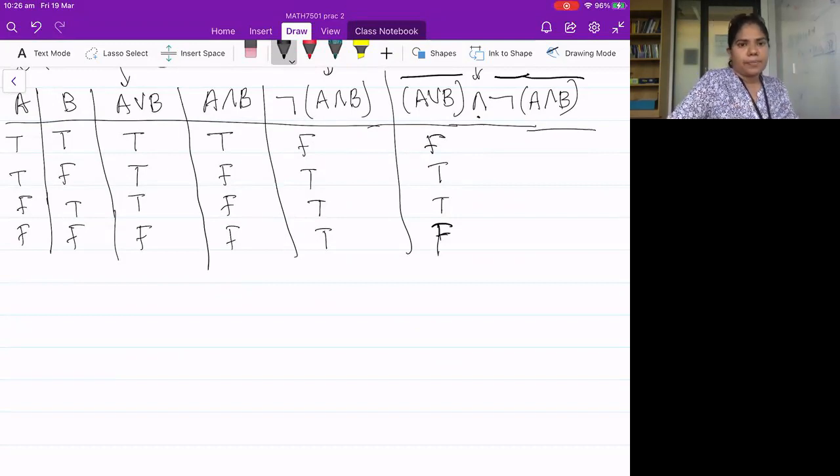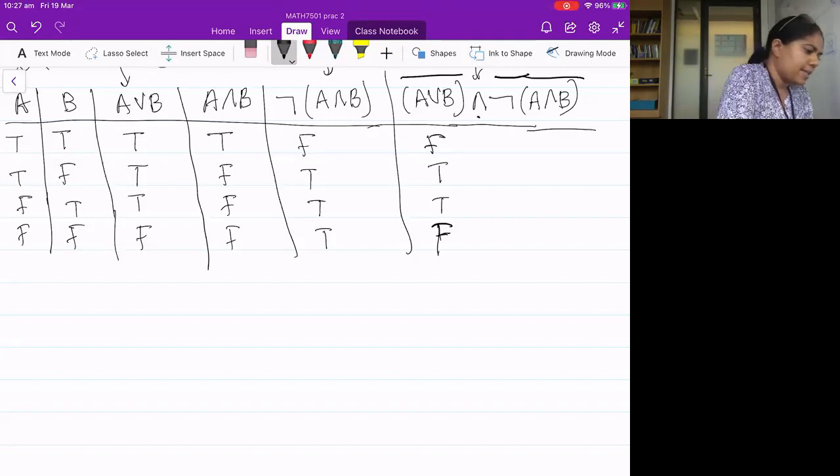All right. Part B is write an expression using only and, or, not that is logically equivalent to the above expression. There are so many possible choices. This is like the XOR operation. And if you can show the logical equivalence using a truth table, okay, that should be fine.